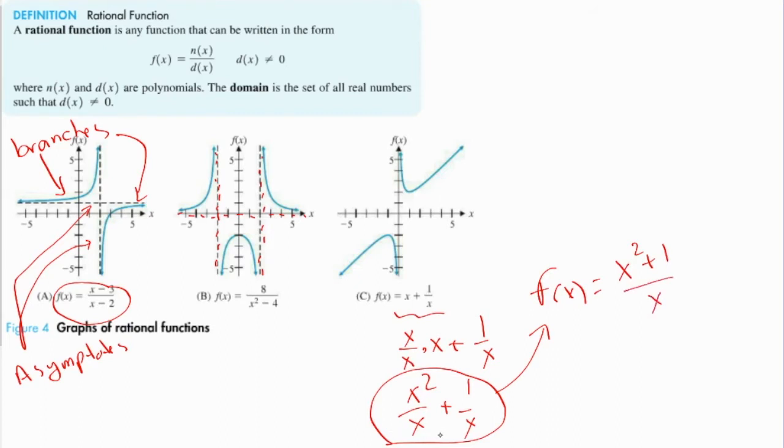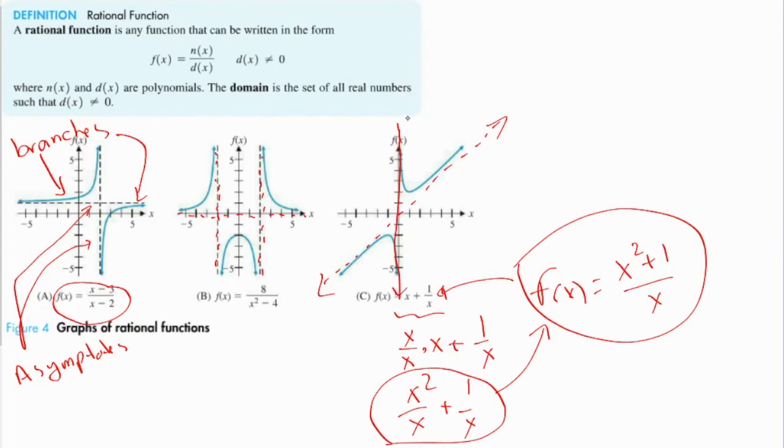So when you have like denominators, you can combine the numerators. This is equivalent and the same as x plus 1 over x. And we can see the graph has what's called a slant asymptote, and it also has a vertical asymptote on the y-axis.